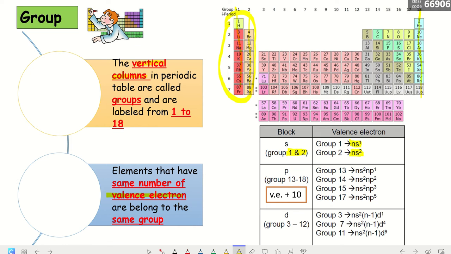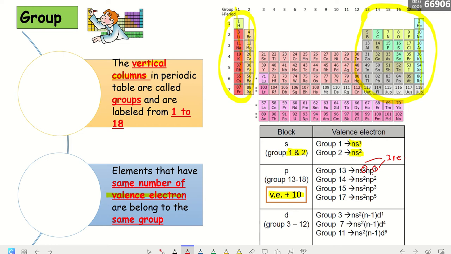Now comes the p block. The p block is on the right side of the periodic table, from group 13 to group 18. The speciality of p block elements is that in order to determine the group, we need to add 10 to the valence electrons. For example, for group 13, the valence electronic configuration is ns2 np1. So we have 3 valence electrons, 2 in the s orbital and the final one in the p orbital.